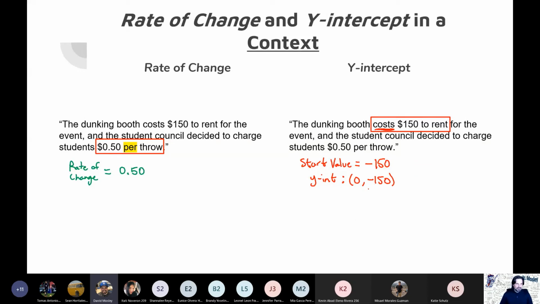And so the rule, la regla: y equals 0.5x minus 150.